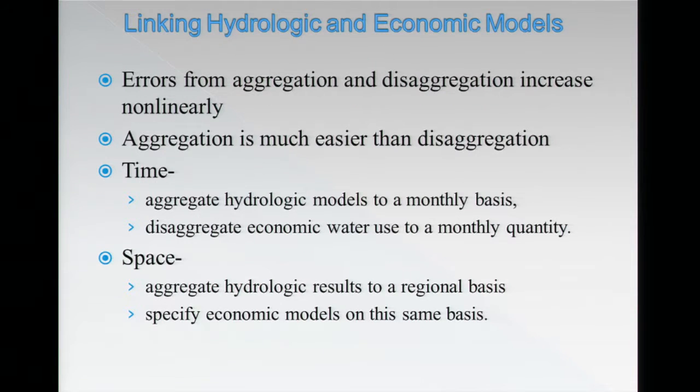So we have to be aware that these aggregation and disaggregation errors are nonlinear, and of course it is much easier to aggregate than disaggregate, since disaggregation requires additional information. And in this particular example, we're aggregating the groundwater models to a monthly basis, and we're disaggregating the agricultural economic models also to a monthly basis based on crop water requirements.